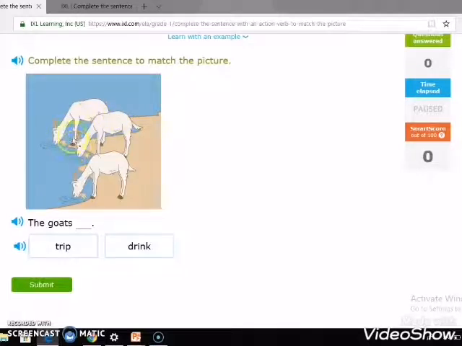Three goats. The goats, many goats. We have many goats. It ends with an s. The goats, because they are many. Trip or drink? First, what is the correct action verb? What are they doing? They are drinking. The goats drink because we have the goats in the plural form, we have many goats. So for the action verb, I don't add an s, so I will choose drink. The goats drink.